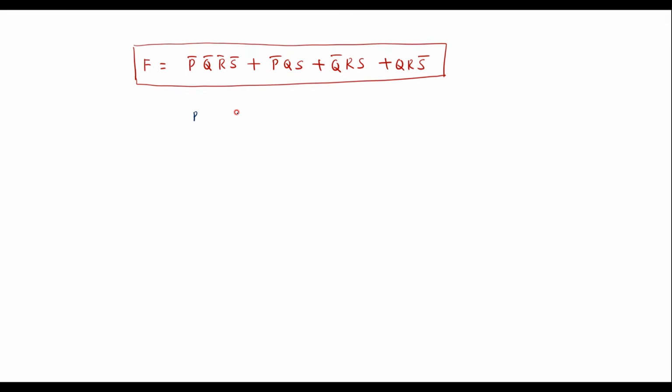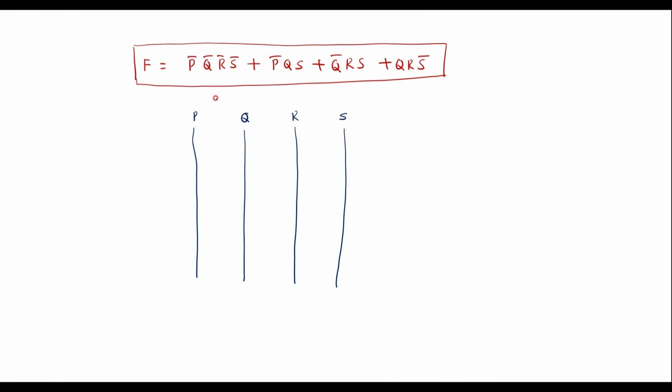Let this be P, Q, R and S. So let this line be P, this be Q, this be R and this be S. Let this be P bar, let this be Q bar, let this be R bar and let this be S bar.